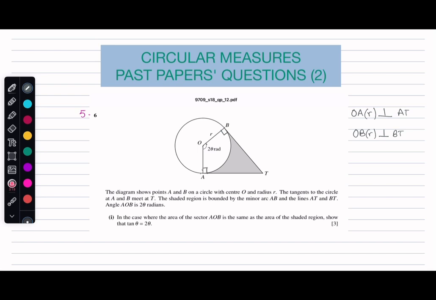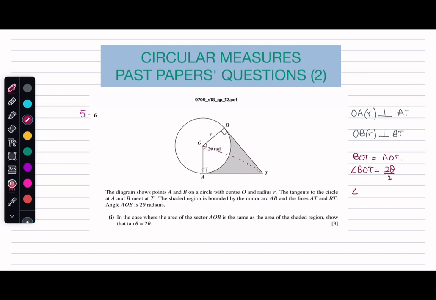The next thing is with respect to O, if we have two tangents meeting at the same point, which is at T here, then if I draw this line OT, I should be getting two similar triangles, which are BOT and AOT, meaning the angle BOT shall be equal to 2 theta divided by 2.